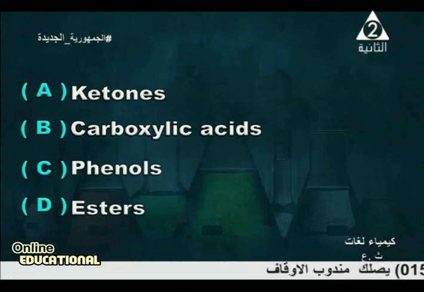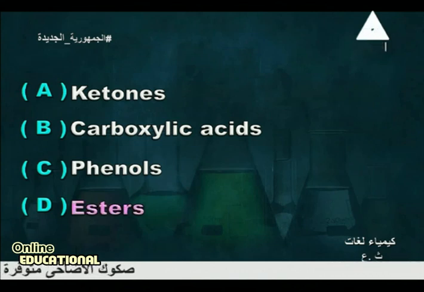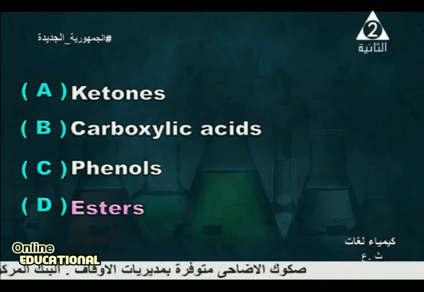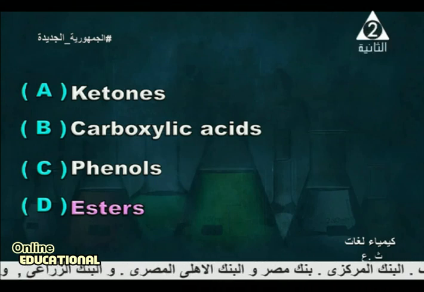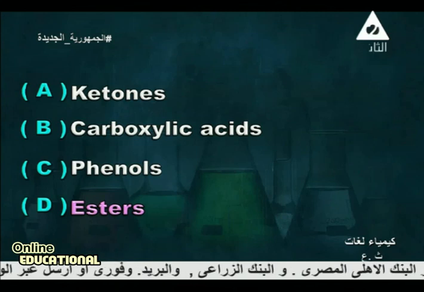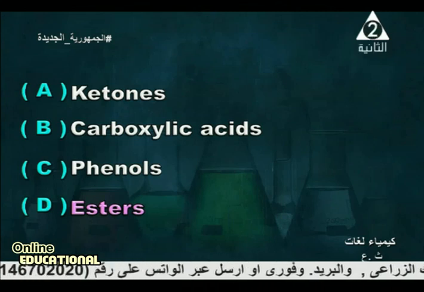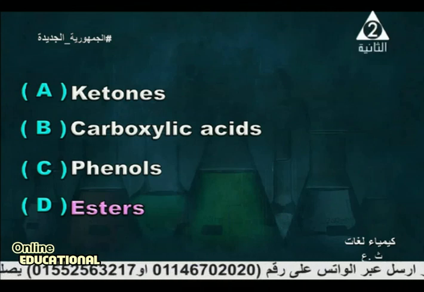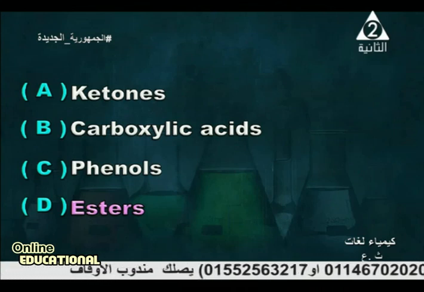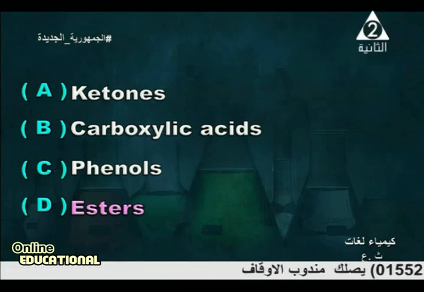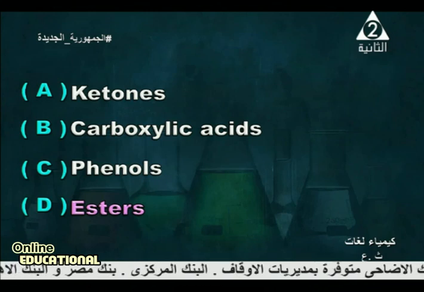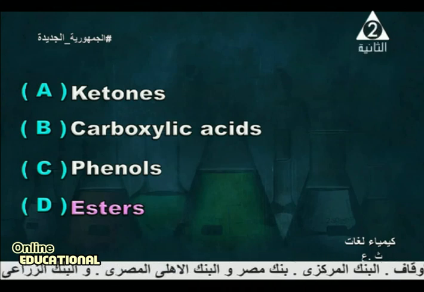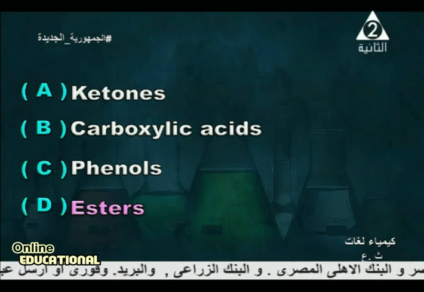Yes, we know they are esters. Do you know why? Because of the reaction between organic acid and alcohol. I know alcohol here means aliphatic, and acids are aromatic, but both are organic acid. And alcohol give me ester and water. So aspirin and marooch oil, both of them are esters.